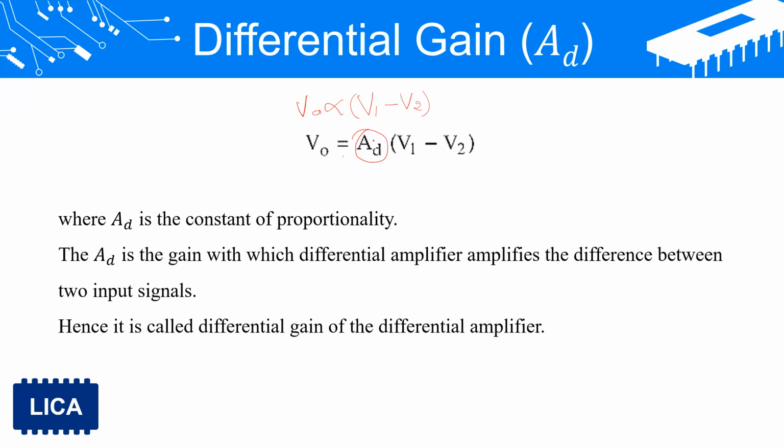We assume this gain, the differential gain AD, is our constant of proportionality. AD is the gain with which the differential amplifier amplifies the difference between the two input signals. Hence it is called the differential gain of the differential amplifier.